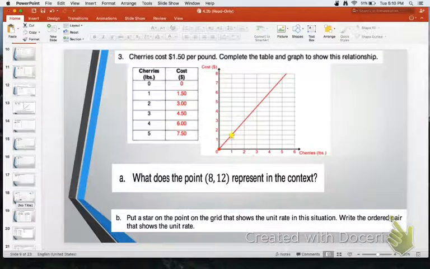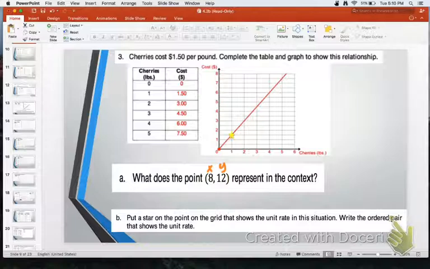What does the point 8, 12 represent in this text? Well, you might say 8, 12, I don't have that on here. But you have enough information to gather what this is talking about. So let's think just a little bit more. Well, 8 is in the X position, and 12 is in the Y position.